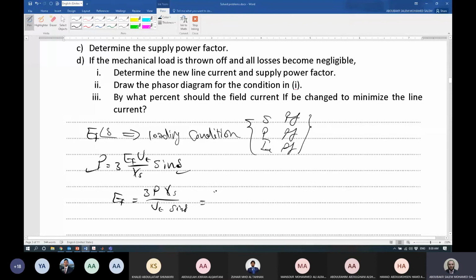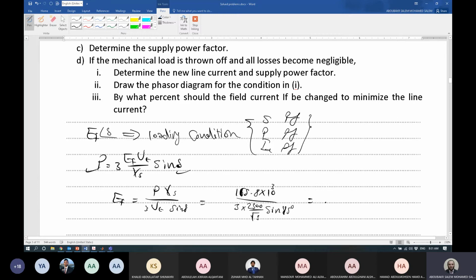So again, 3 multiplied by power 165.8 multiplied by 10 to the power 3, over V terminal, which is given by 2300 over square root of 3, multiplied by the sine delta, which is 15 degrees here.